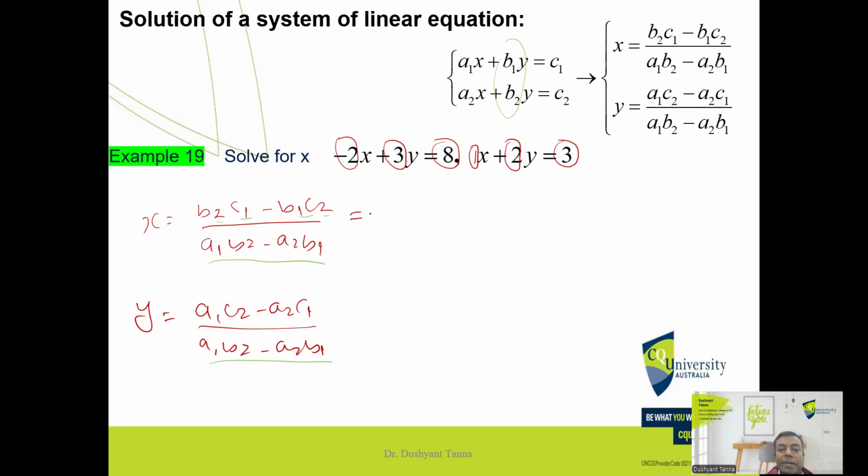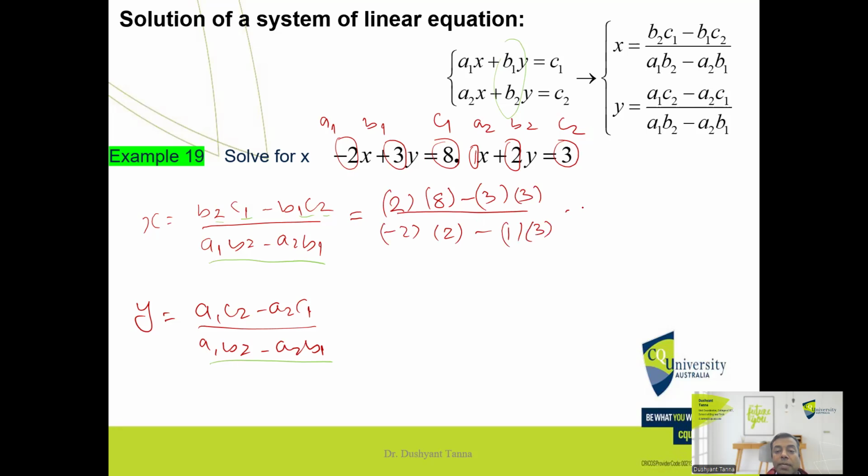Right. So B2, what is my B2? If you want, I can write here A1, B1, C1, A2, B2, C2. B2 being 2, C1 is 8, minus B1, which is 3, C2, which is 3, divided by 1 times 2, so that's like minus 2, 2, minus A2, which is 1, and B1 is 3.